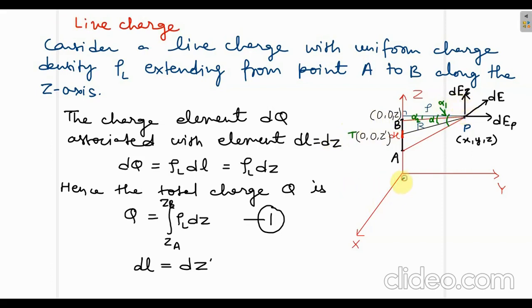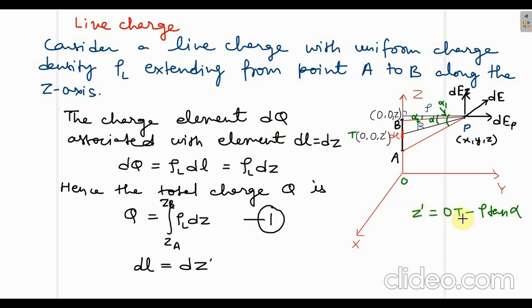This is the origin. So what is this coordinate Z dash? This Z dash equals how much? OT, O to T, meaning this origin to this element. So this Z dash is OT and minus this rho tan alpha.